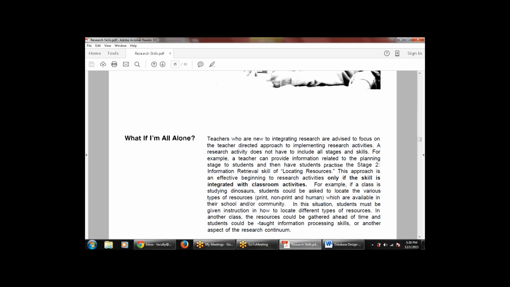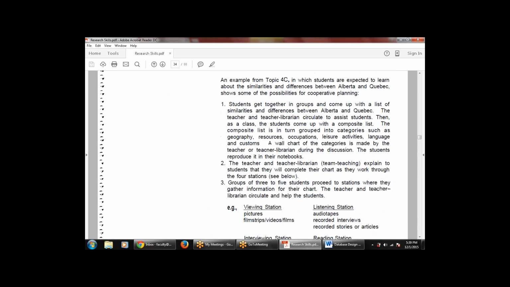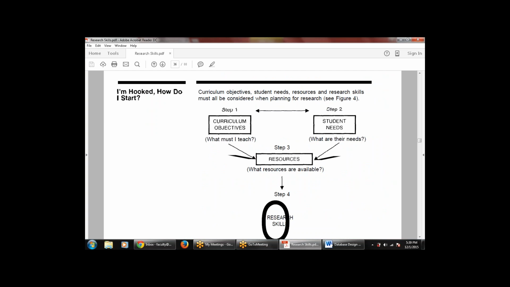These are the various cooperative planning steps carried out between the teacher and the librarian and the library concepts. This is the main step. The first step is the curriculum objective: what must the teacher teach?